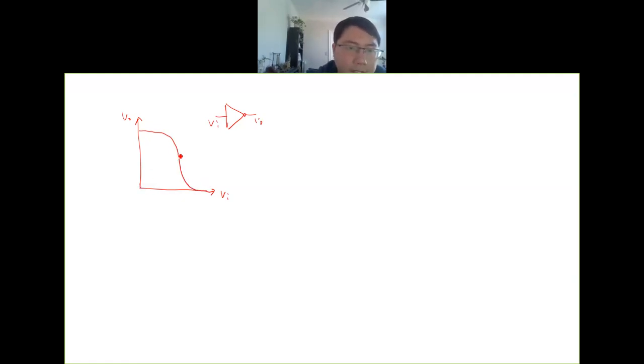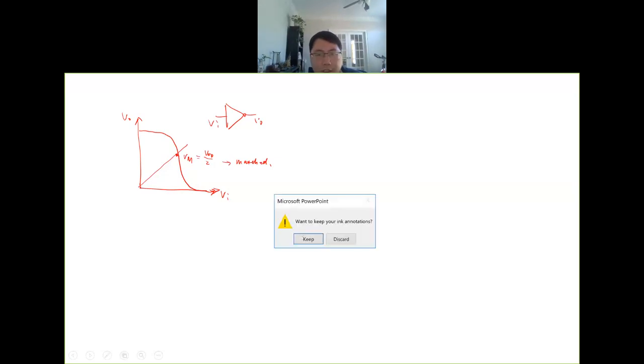So the Vm is when you define the input equal to the output voltage. This is Vm. And we have this matched condition, if Vm equals half VDD. So what is this matched condition?